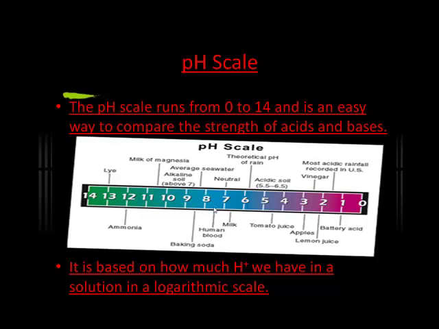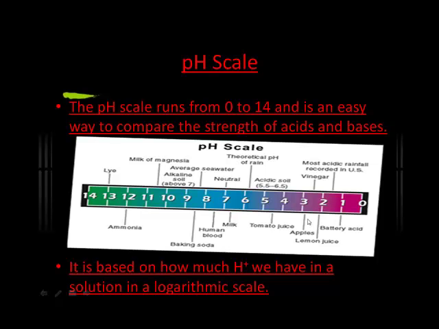We measure pH. The p is a math term. The H actually stands for H plus ions. So this is what we call a logarithmic scale that measures how many H plus ions are dissolved in a liquid. The more H plus ions you have, the stronger the acid and the smaller your number gets.